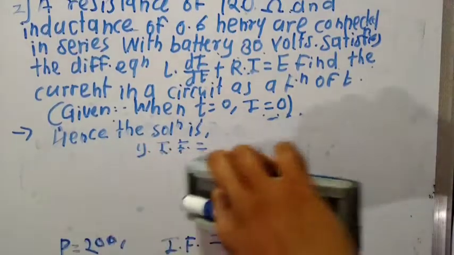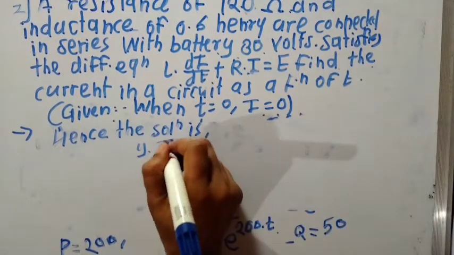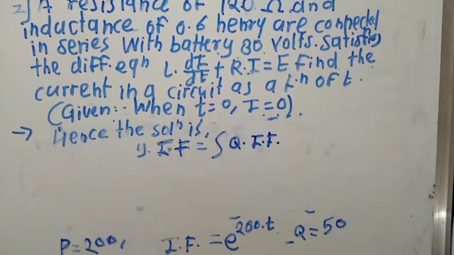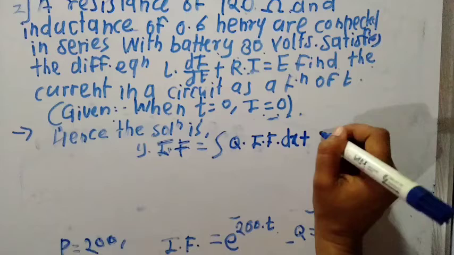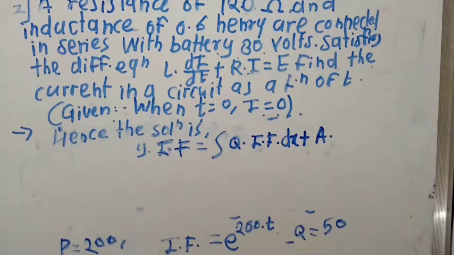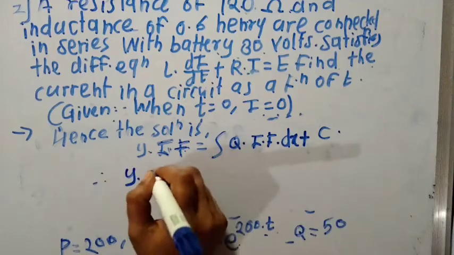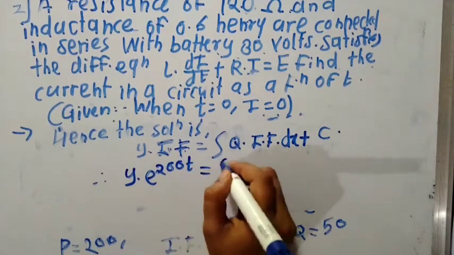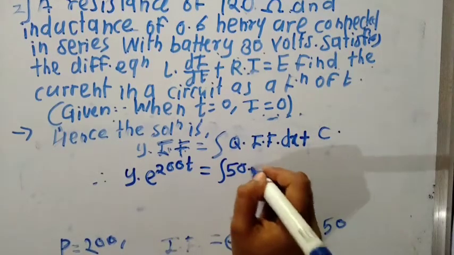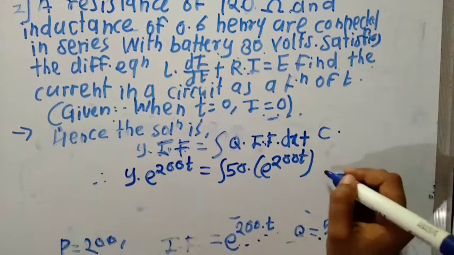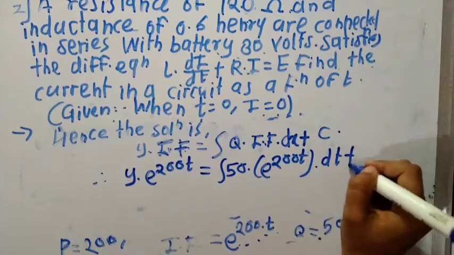So I into e raised to 200 t is equal to integration of 50 into e raised to 200 t dt plus c.